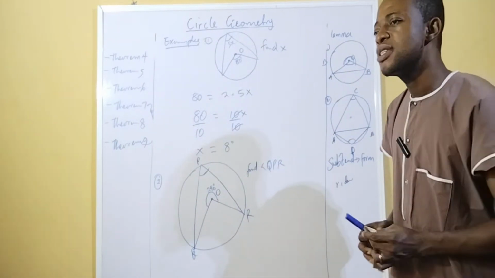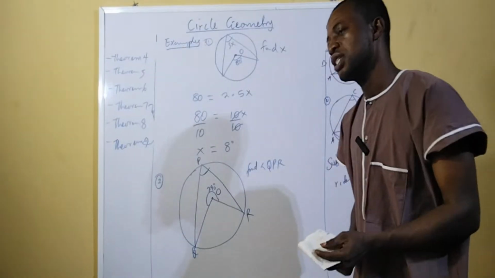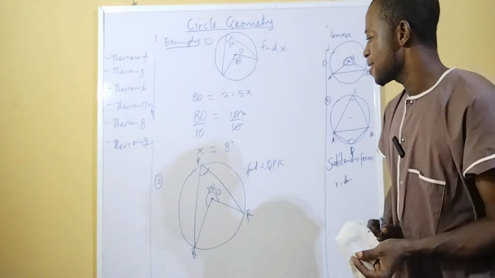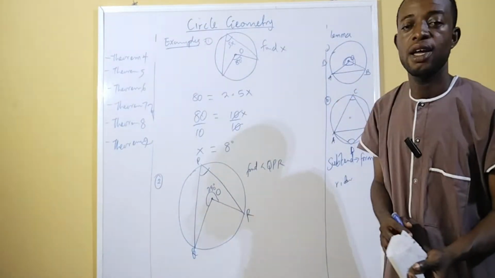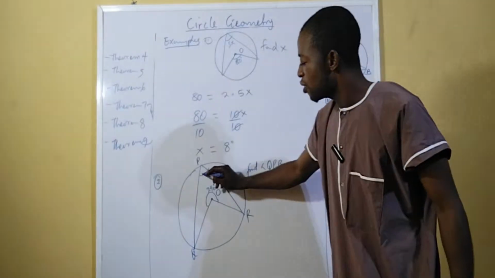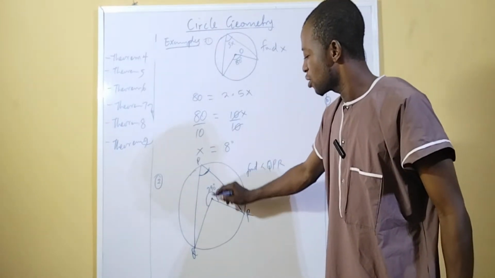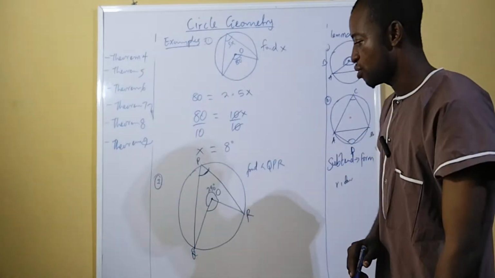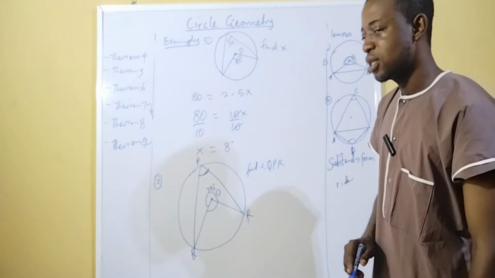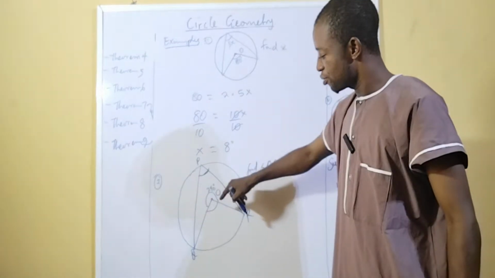Okay, and if this angle is the angle at the circumference, it means that it should have a corresponding angle at the center. And the angle at the center which is corresponding to this angle is the other angle here, that is this obtuse angle. Okay, and not this other one that is given.